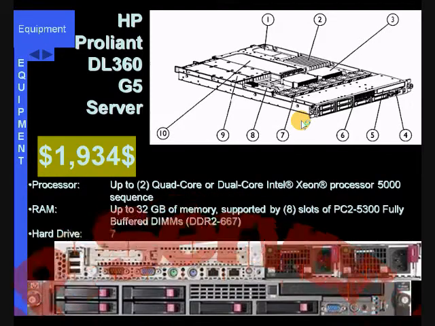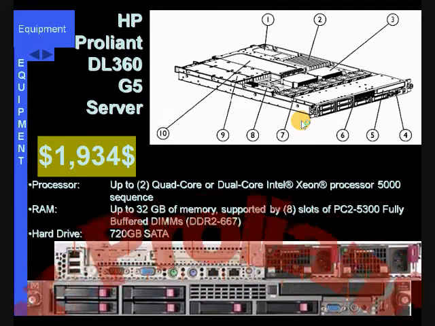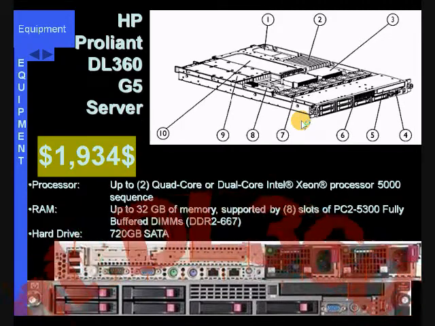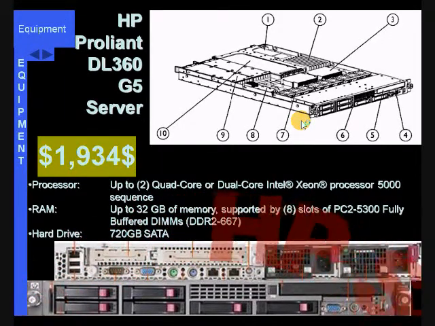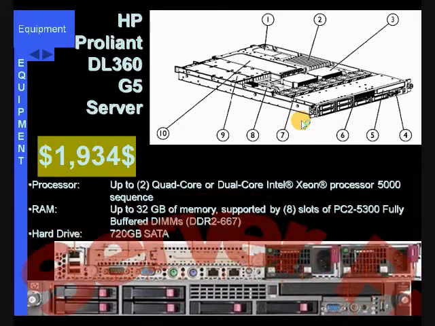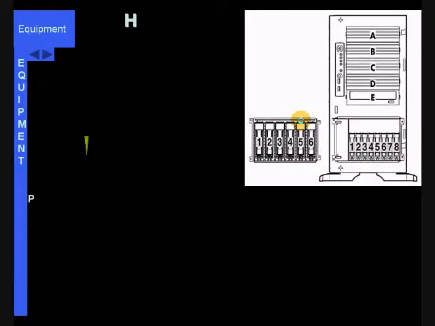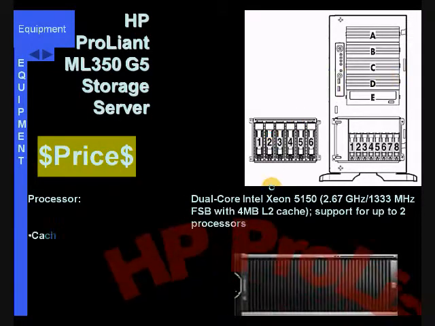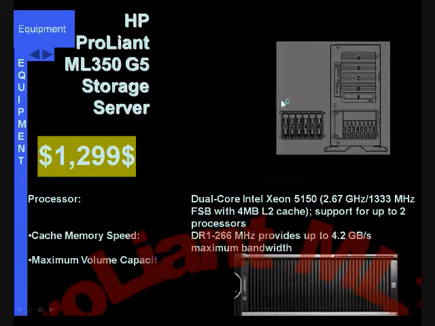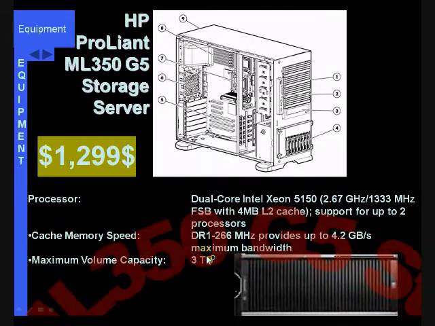This was my, wow, I'm getting all tongue-tied. My rack mount server. I didn't know about rack mount servers before this, so this was pretty cool looking. And this was my storage server. Yeah, I thought all servers kind of looked like that before I did the research. 3 terabytes, cool.